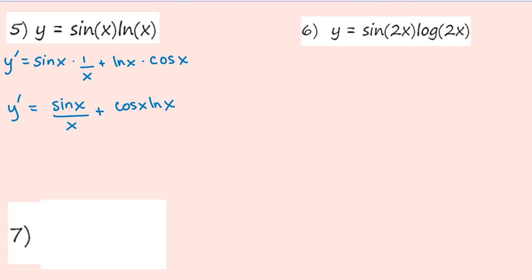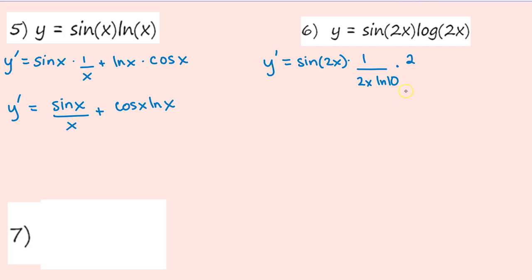Number 6 is the same idea. We're using the product rule, but notice that I have a different kind of logarithm, not a natural log, and I also have 2x, not x. So this is combining a lot of things. So we're starting with the product rule, the first times the derivative of the second. Now when we take the derivative of log of 2x, we're going to have 1 over 2x natural log 10, remember because log is log base 10, times the derivative of the inside, so that would be times 2.